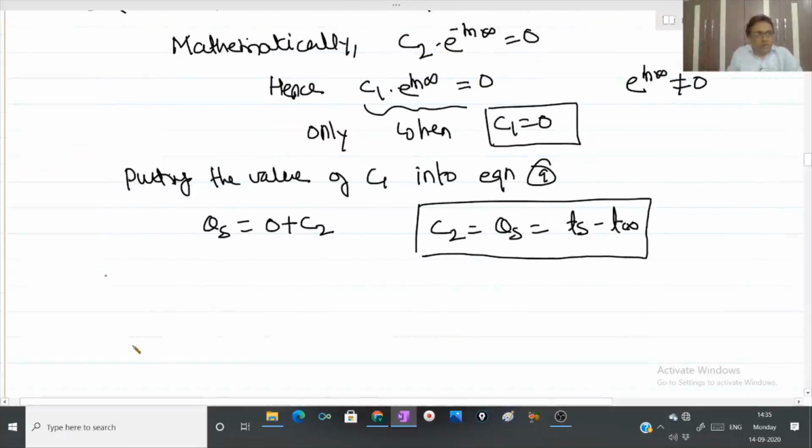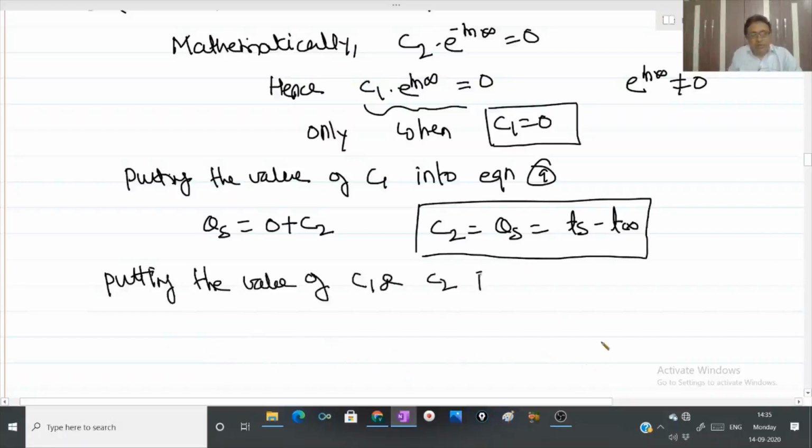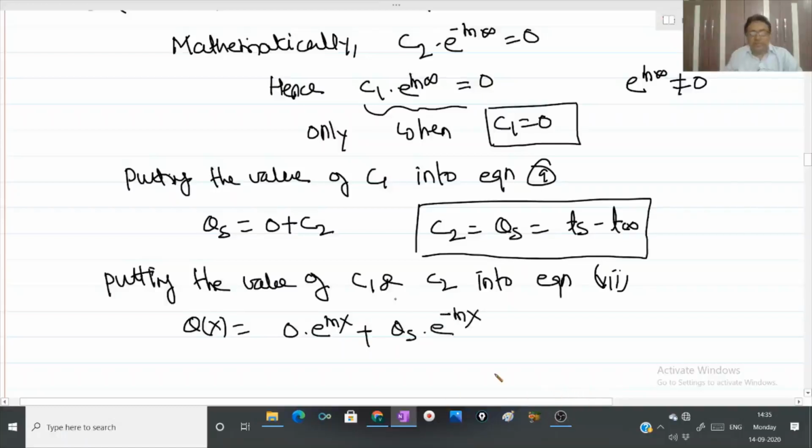Now putting the values of constants c1 and c2 into equation 7. What is equation 7? Theta x is equal to the value of c1 is 0, 0 into e to power mx, plus the value of c2 is theta s into e to power minus mx.